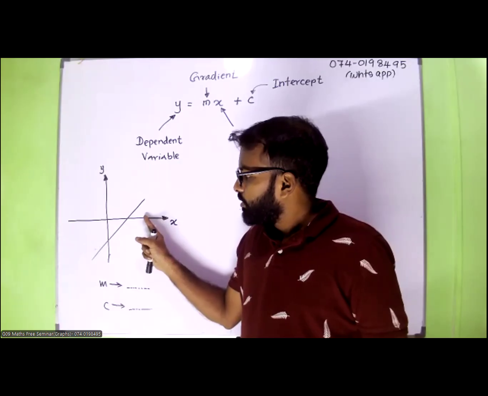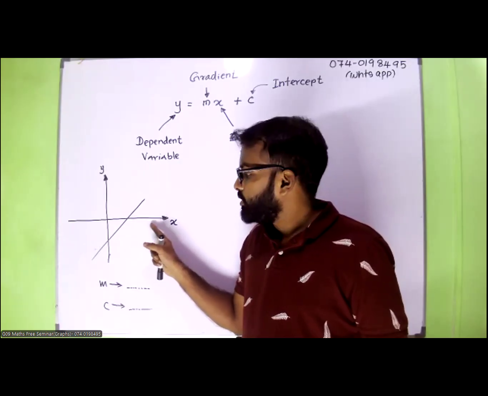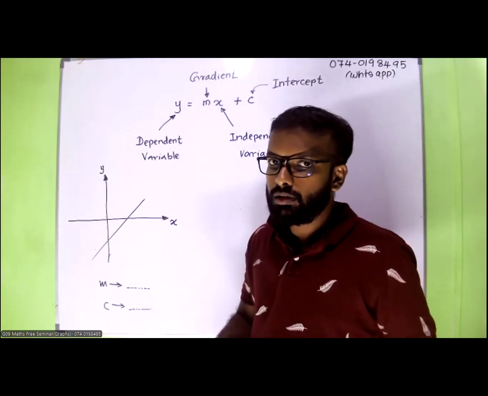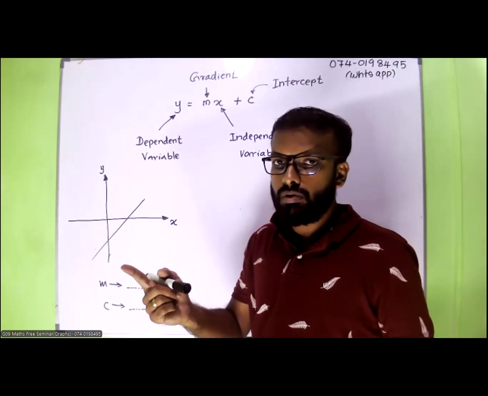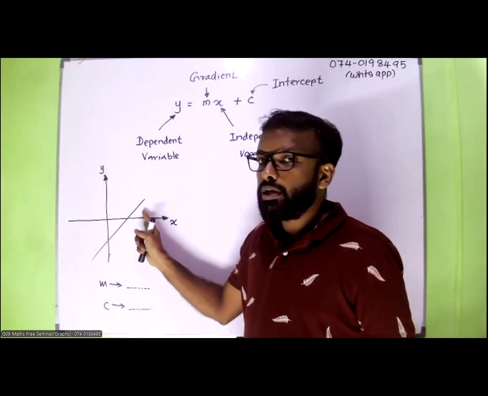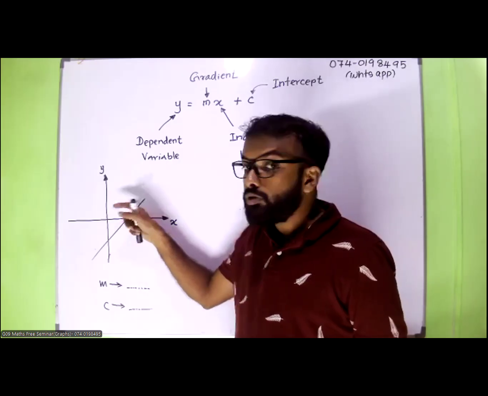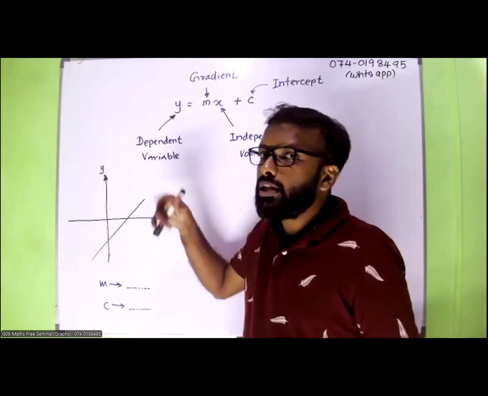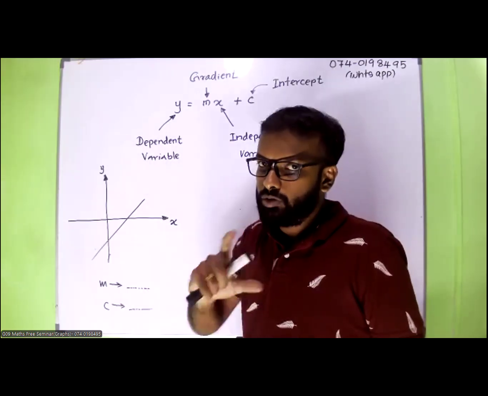If the angle with the positive direction of the x-axis is an acute one, the gradient is positive. If the graph line is forming an obtuse angle with the positive direction of the x-axis, then the gradient is negative.